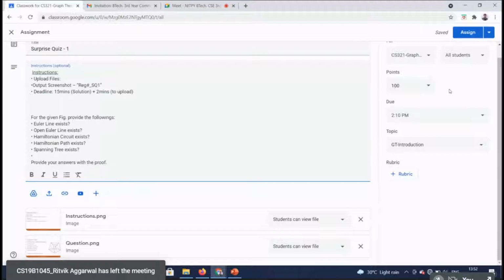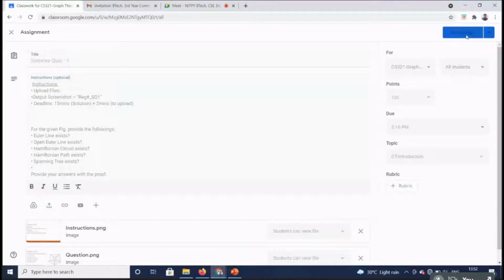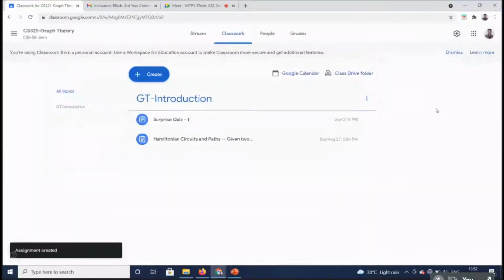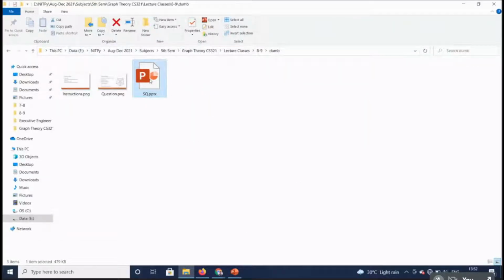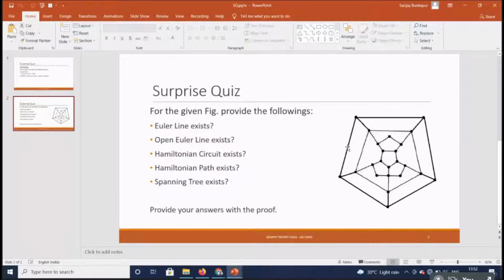Yeah, I will assign now. I just assigned. I will show what the graph is. We just saw this, and this is the graph.